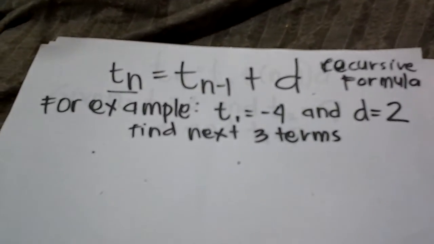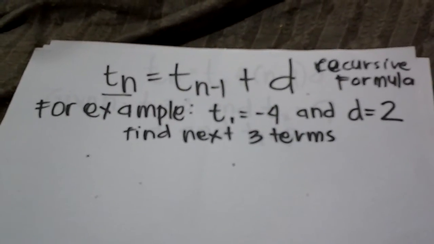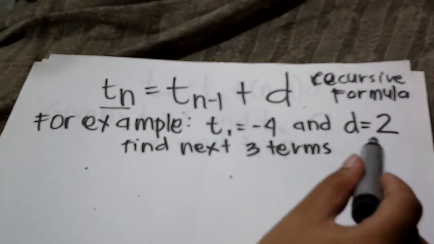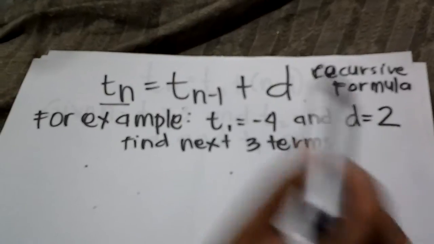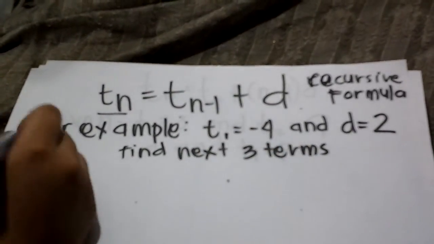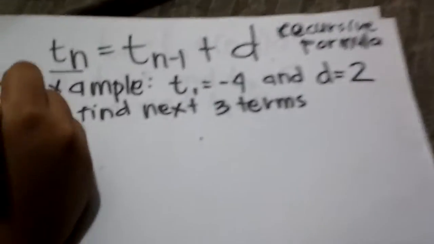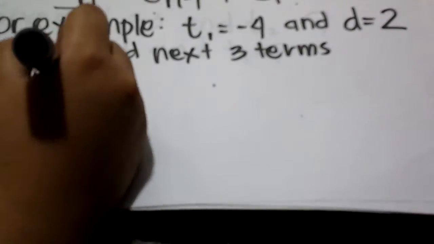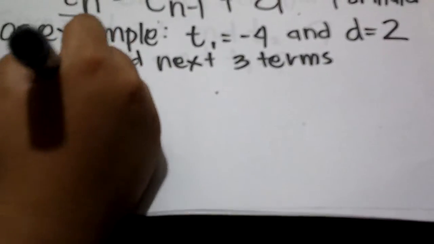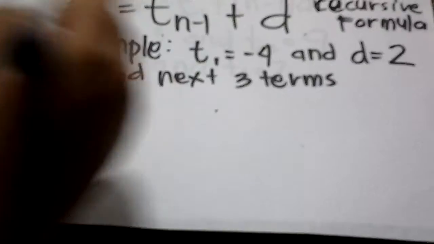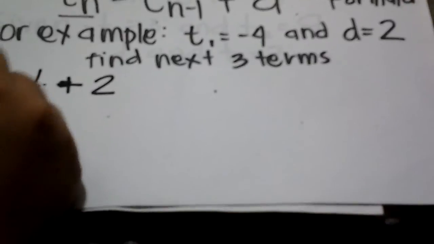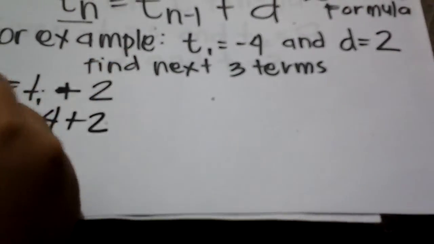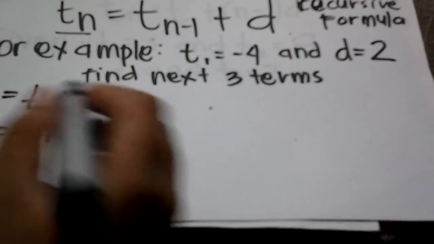For example, given that t sub 1 is equal to negative 4 and d is equal to 2, let's find the next three terms. t sub 2 is equal to t sub 2 minus 1 plus 2. t sub 2 equals negative 4 plus 2. Therefore, t sub 2 is equal to negative 2.